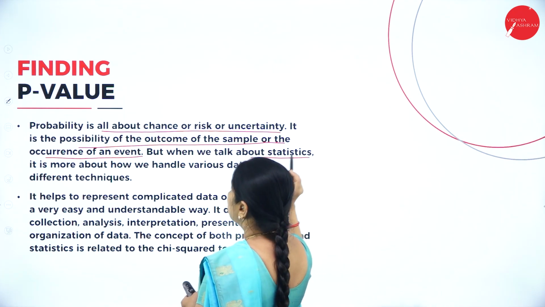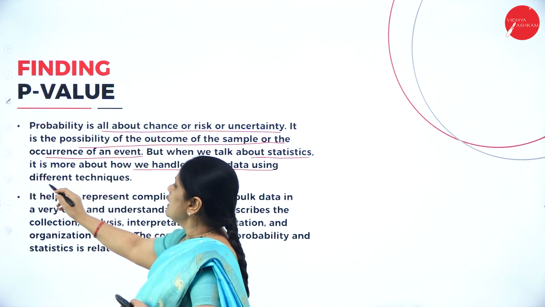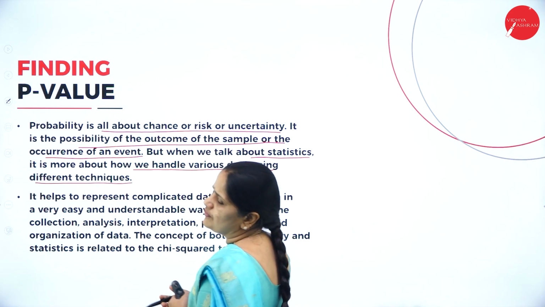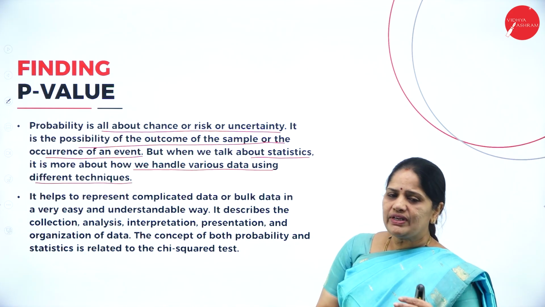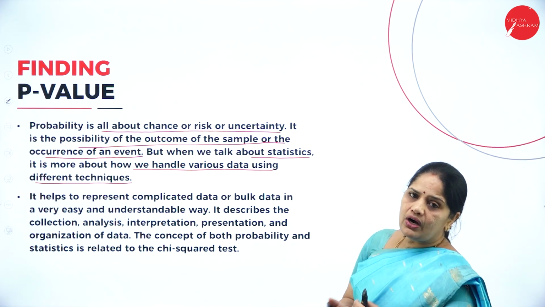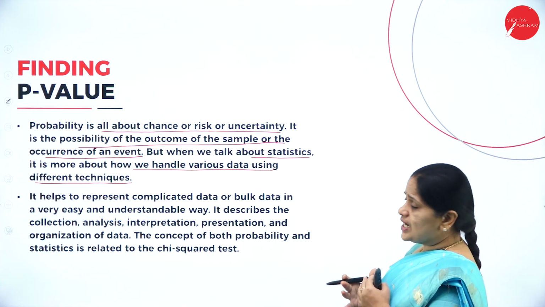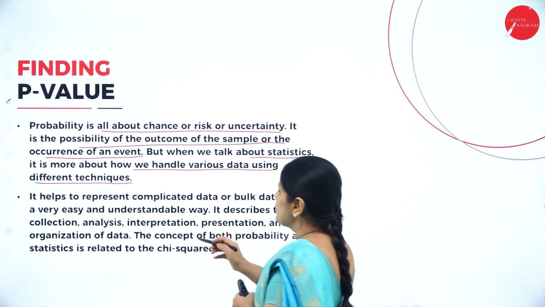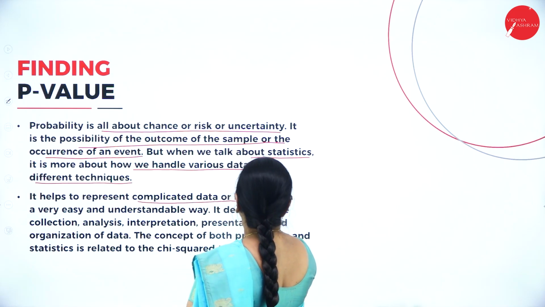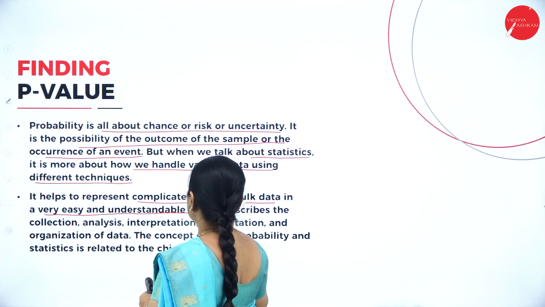When we talk about statistics, it is more about how we handle various data using different techniques. Probability is something very uncertain, but statistics is very much about the data, which is very sure. It helps to represent complicated or bulk data in a very easy and understandable way.